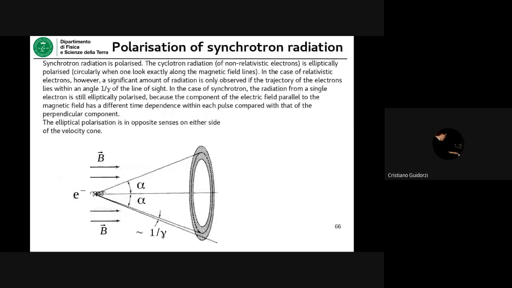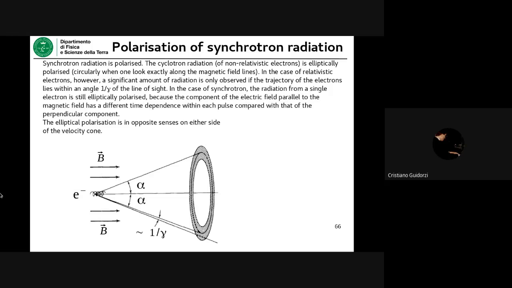Now, let's have a look at the way it works. Again, the figure here shows the so-called velocity cone. You have the magnetic field lines, which are shown here as horizontal lines.